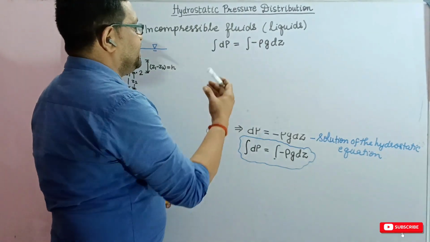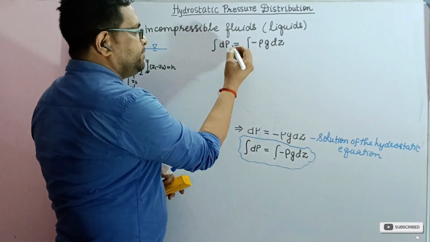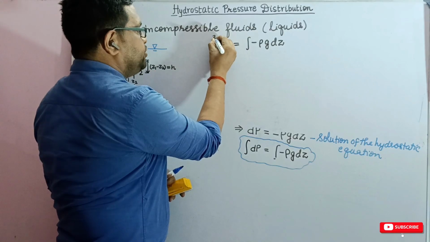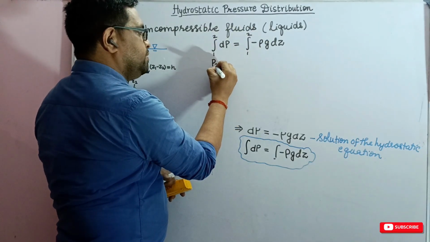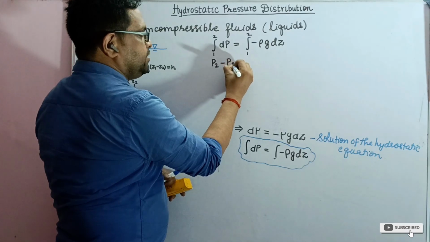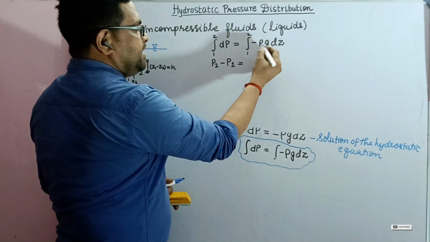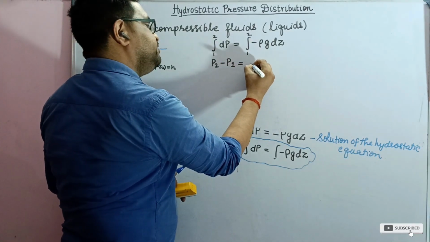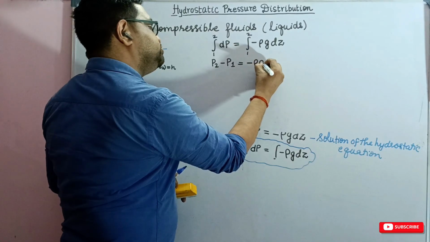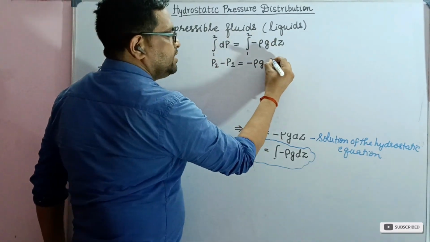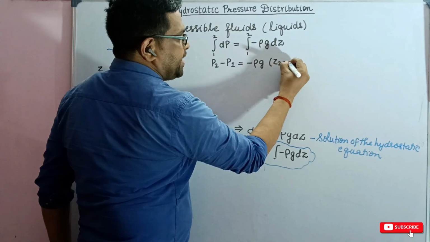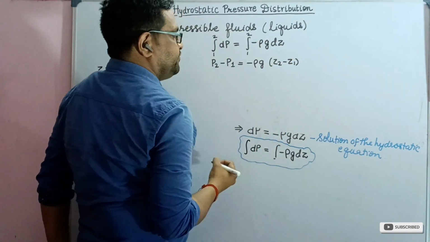So we have integration of dP. If we integrate it between the 2 points, 1 and 2, we will get P2 minus P1 will be equal to, taking the constant terms outside, minus rho g, and integrating dz, we will get z2 minus z1.